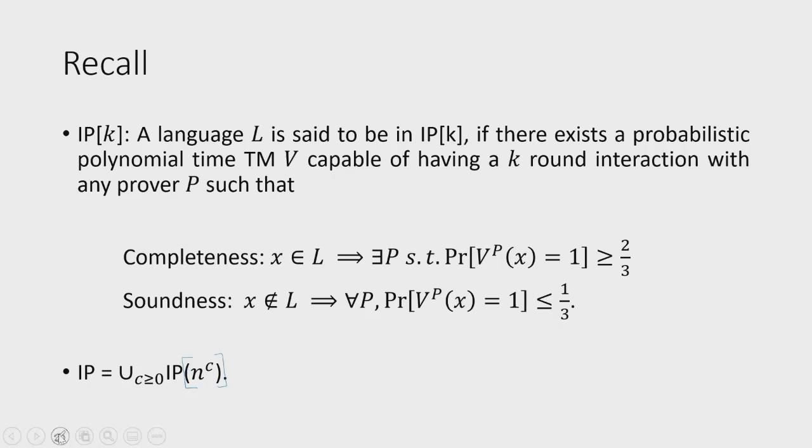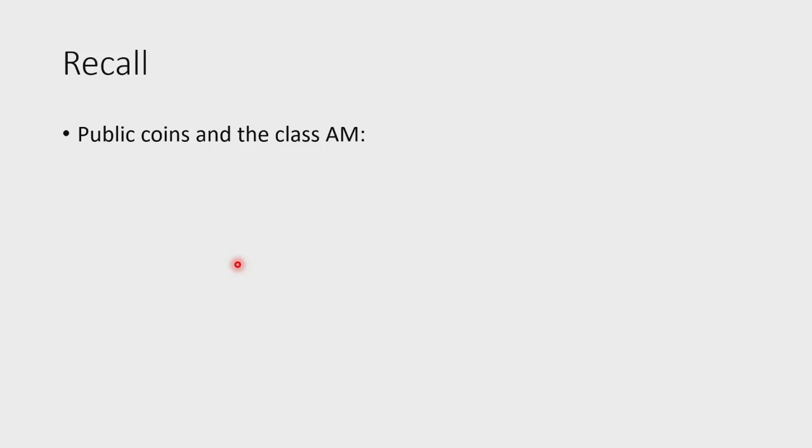Now in the class IP that we saw, the randomness of the verifier is not visible to the prover. So it's the verifier's private randomness. We can think of private randomness as the verifier tossing coins which are only visible to them. That is private coins. Now we can also think about situations when the coins are public.